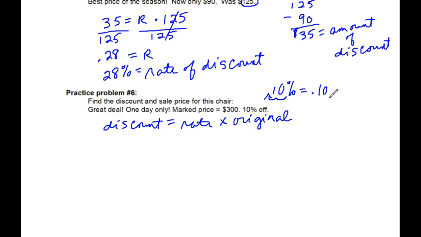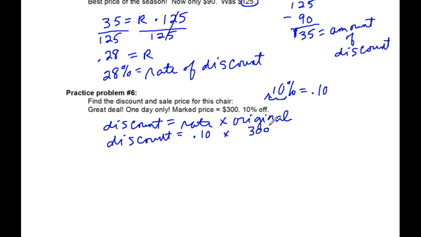So that's my rate, and my original price was $300. So the amount of discount is going to equal the 0.10 multiplied by my $300. We're multiplying by my decimal.